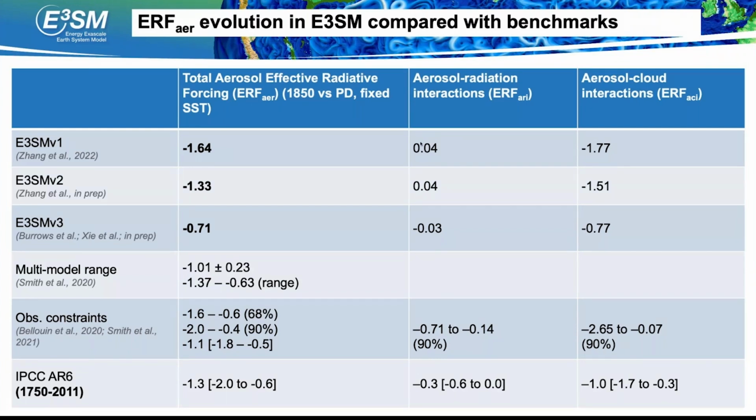And you can see that the overall aerosol effect from v1 was kind of on the edge of what the community assessments think is reasonable based on multiple lines of evidence, but v2 was actually right in the middle of that range and still had this problem with the historical temperature record. And in v3, with this significant reduction, we do get improved agreement with historical temperature, as I'll show later.